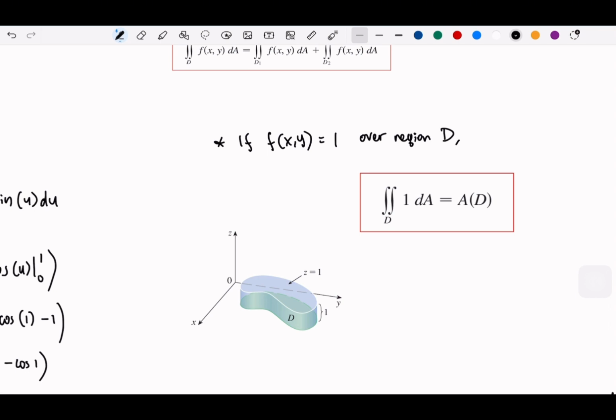So the height of the volume of our shape here is precisely 1. When we multiply by 1, it's the same thing as it is, right? The base multiplied by 1 is the base itself. So basically we are getting the area itself. So we can apply the double integrals to compute the area.